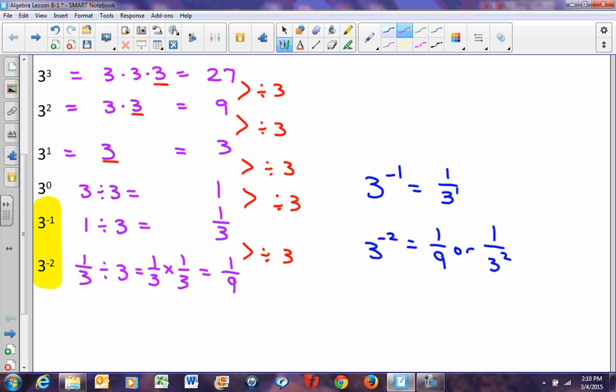So if you look at this carefully, you'll see that if you take a number to a negative exponent, that's the same thing as saying 1 over that number to the positive exponent.